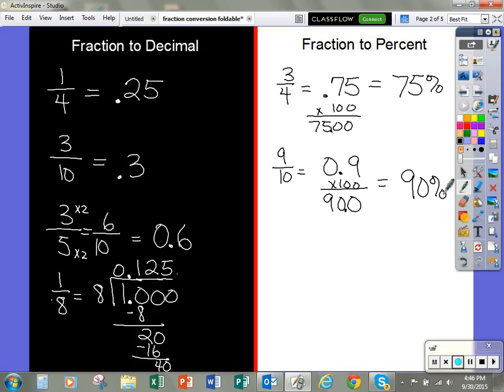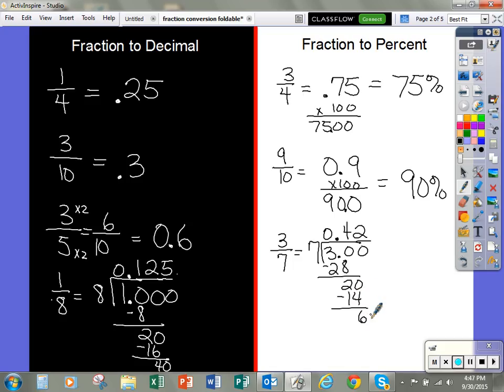Let's try one that doesn't change so easily, like, I don't know, 3/7. So we would have to turn that into a division problem. 7 into 3 is 0. 7 into 30 is 4. 7 into 20 is 2.